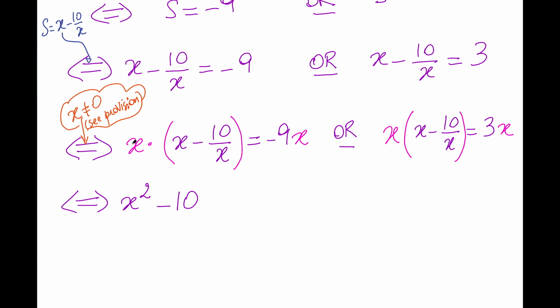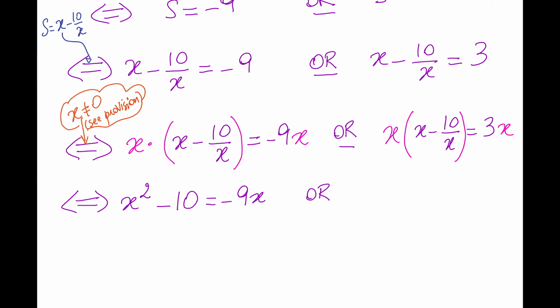Make sense? One more time: x times x is x squared, and x times 10 over x, the x's cancel, and what you get is negative 10, equals negative 9x. Aha, this looks quadratic over here.